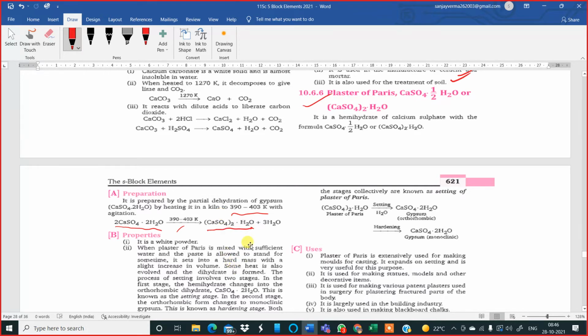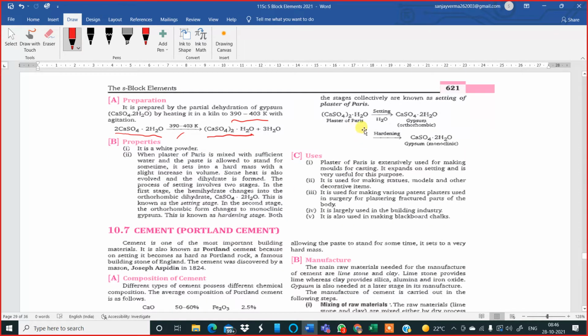Now, what are the uses of plaster of Paris? Let us see. You'll find the uses over here. Plaster of Paris is used for making molds for casting statues and all. It expands on setting and is very useful for this purpose. It is used for making statues, models, and other decorative items.